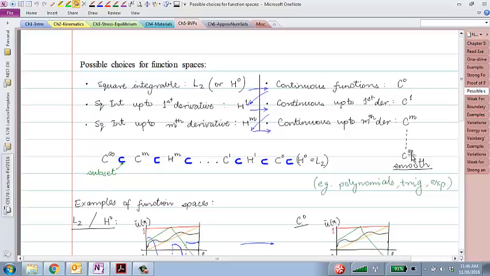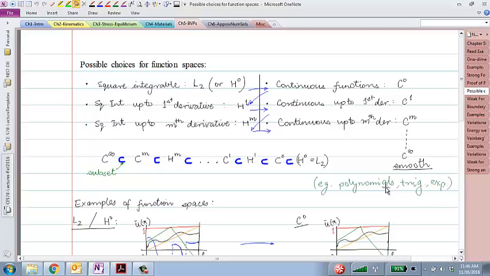Examples of those C infinity functions are common polynomials, ax plus b. It's a linear function. The derivative of ax plus b is a. It's a constant function. The derivative of a is 0. The derivative of 0 is 0, and so on, right?